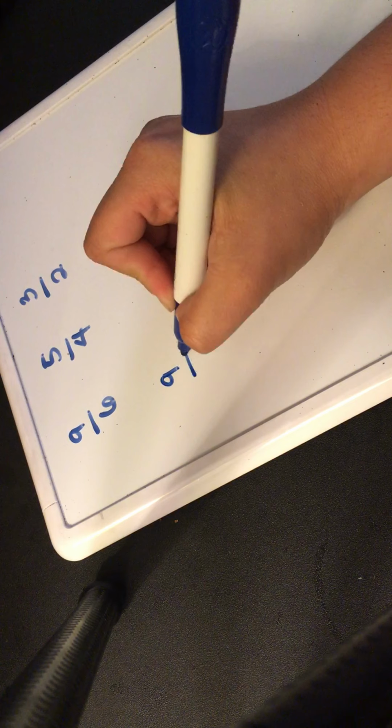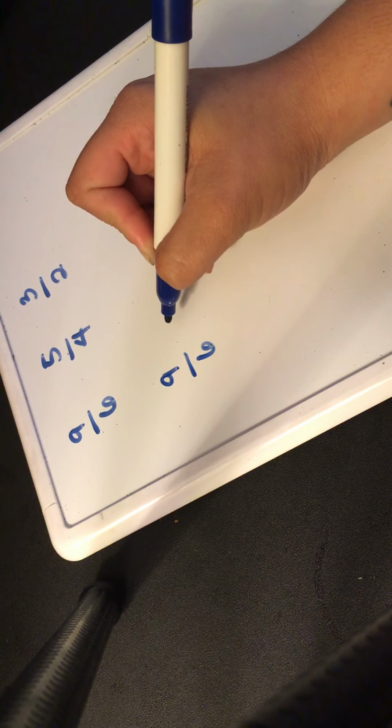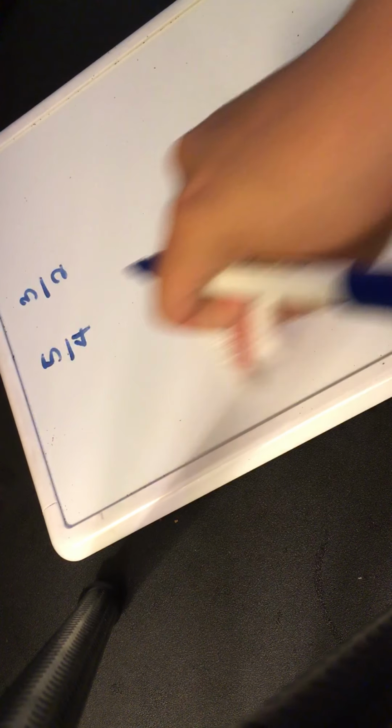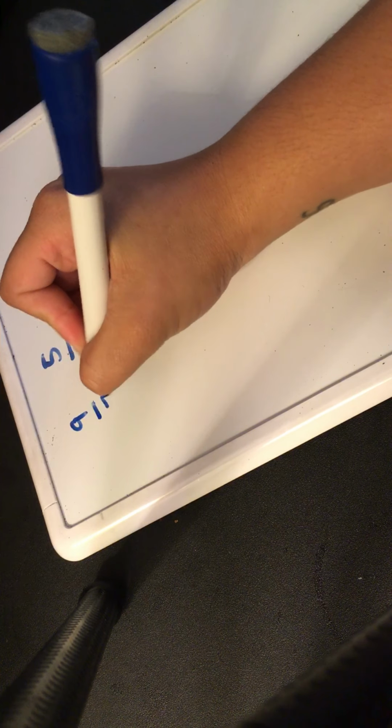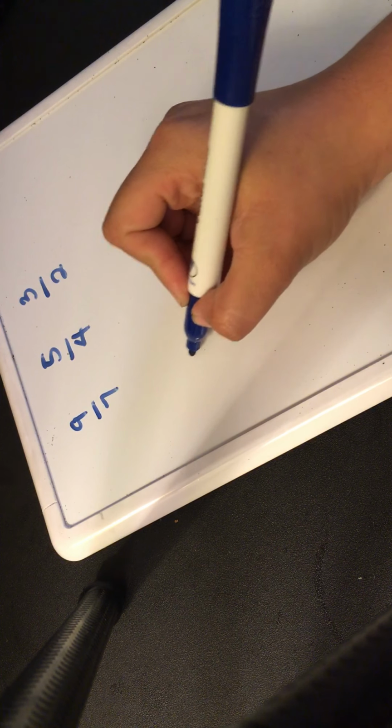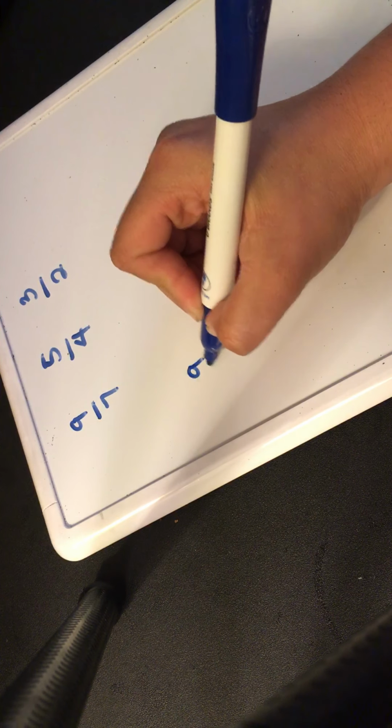Actually, let's change that, because I realized something else. Let's do 9 over 7. That would be our first improper fraction.